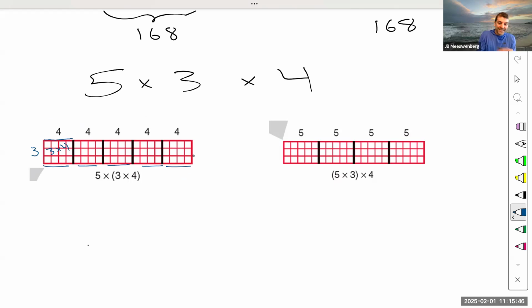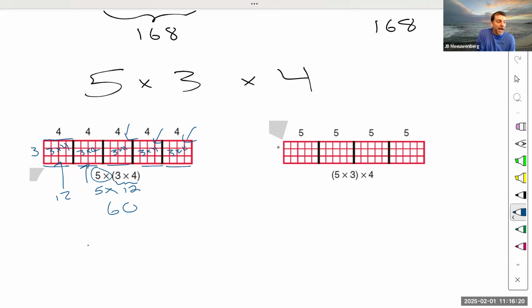So in this arrangement, in this array, we have 3 times 4, 5 times. And so each individual rectangle has 12. There's 12 there, there's 12 here, there's 12 here, here, and here. And that's what this gives us. And then we take 5 groups of that. 5 groups of 12 is equal to a total of 60.